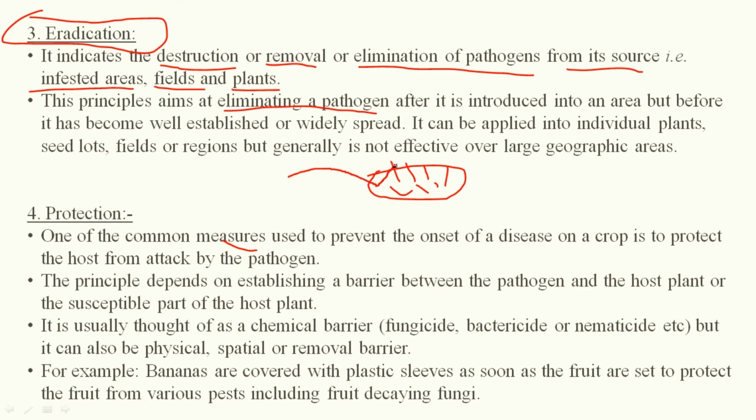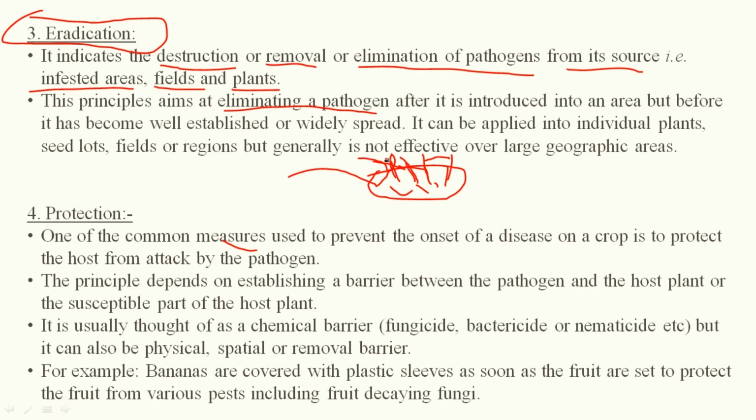The pest already came and already started damaging the plants. It may be a pathogen or it may be a pest, an insect. So what will we do in the eradication? We have to eliminate or remove or destroy those pests from these plants where the disease has already been introduced.